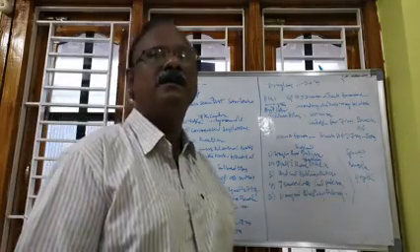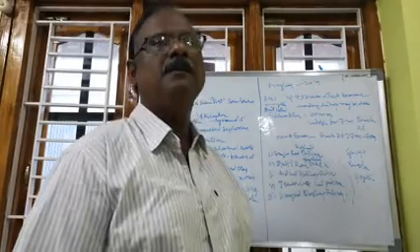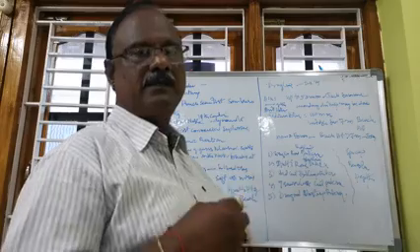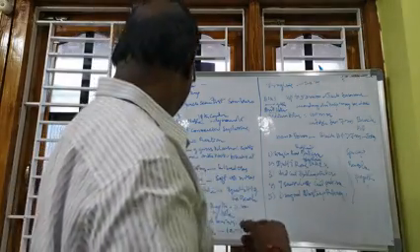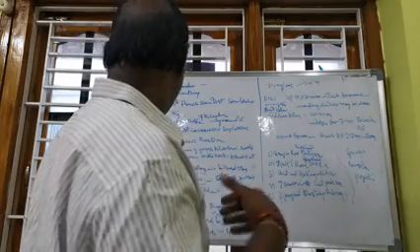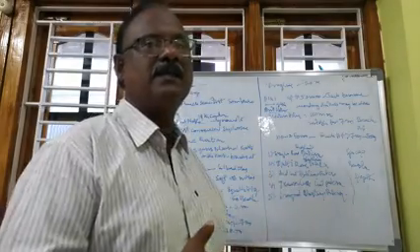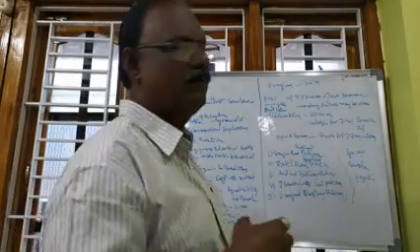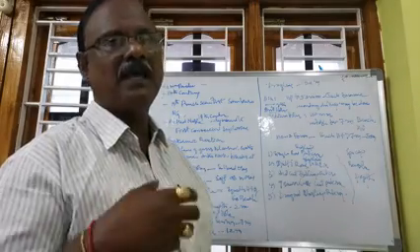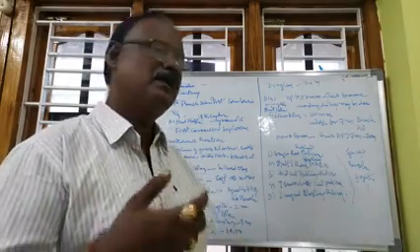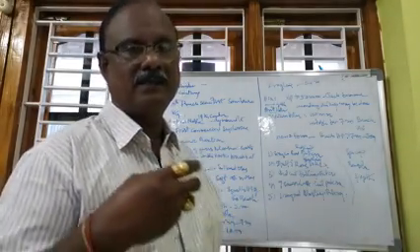Gunpowder is a low explosive. It is the basic explosive we used in the 17th century, and that was the first explosive we used in the quarries, and nowadays also in the quarries we use gunpowder.